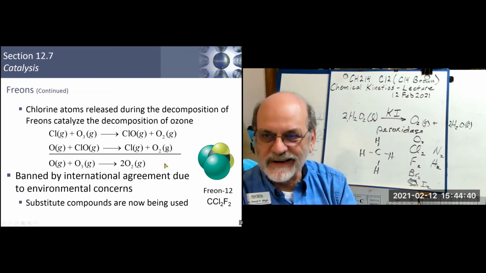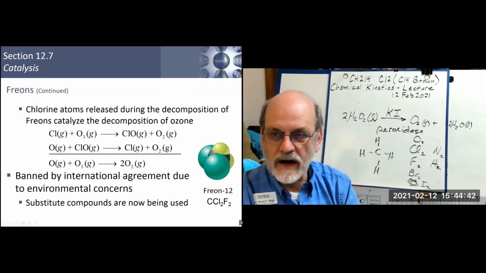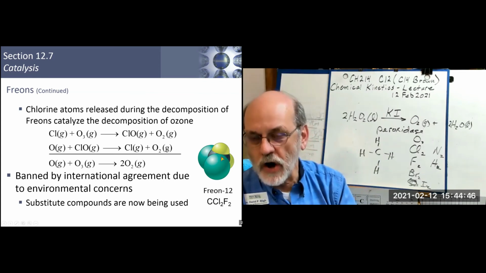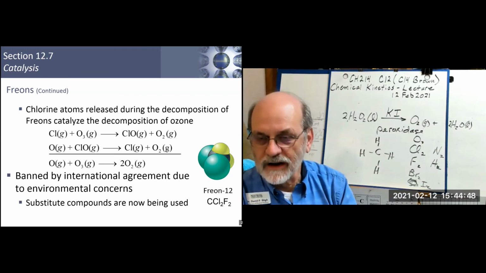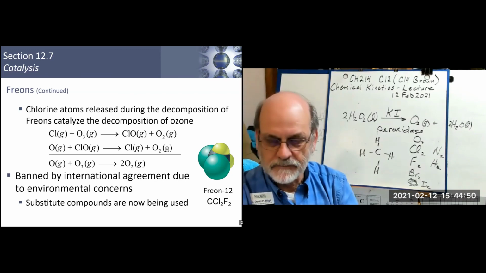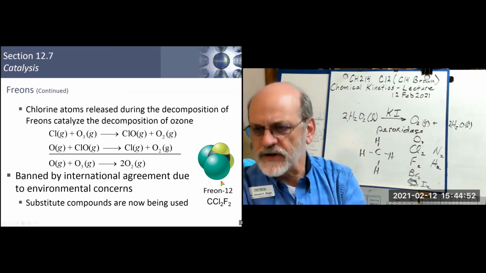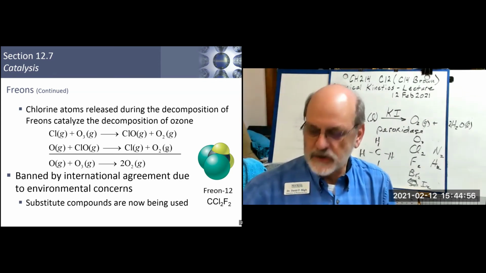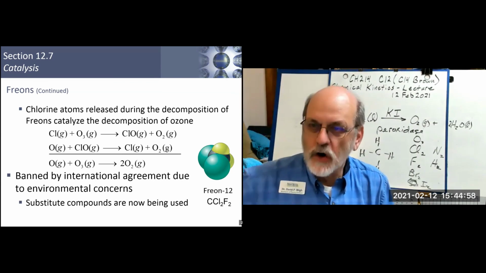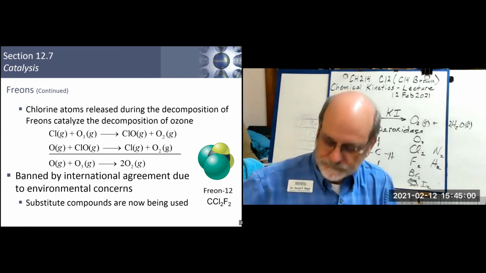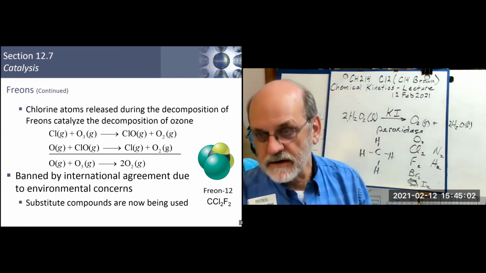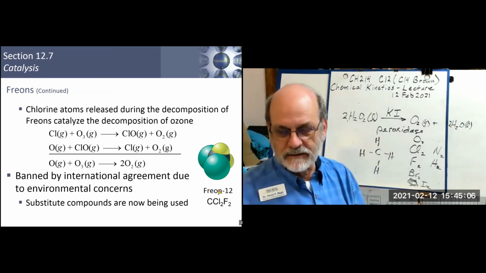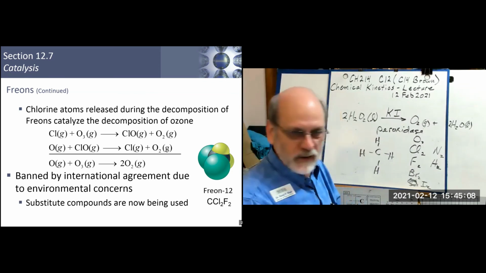The more complex Freons, which have 2 and 3 carbons hooked together, are less likely to do that. And there are substitutes being developed all the time that are less likely to produce this ozone destroying effect. Problem is, they are more expensive. This Freon is dirt cheap, or it was dirt cheap when it was legal.